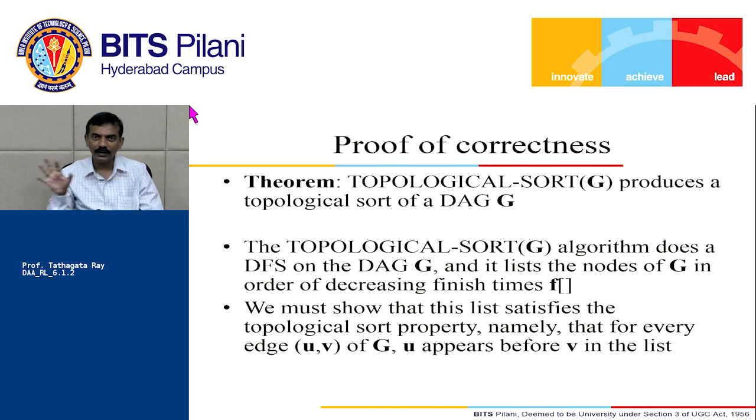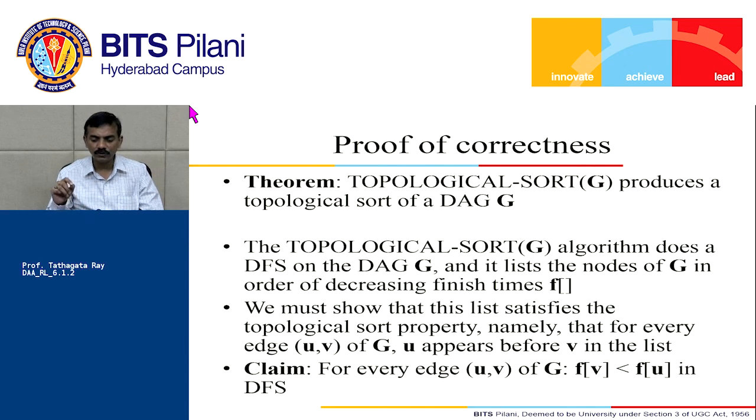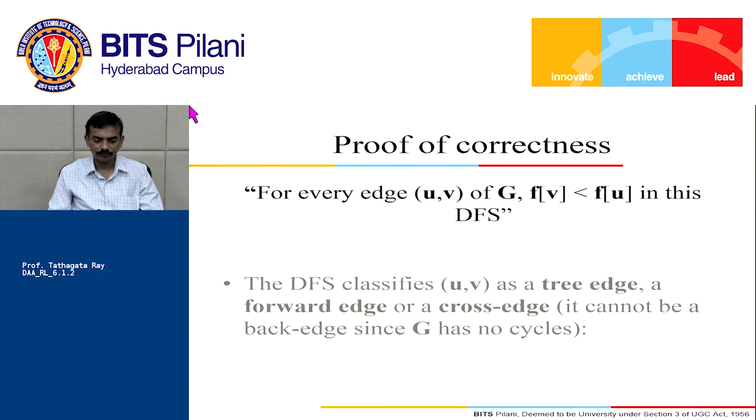That means the finish time of u is larger than that of v. So the claim is for every edge uv of G, finish time of u is greater than finish time of v, or the other way around, finish time of v is less than finish time of u in depth first search. So let's see how we prove that.